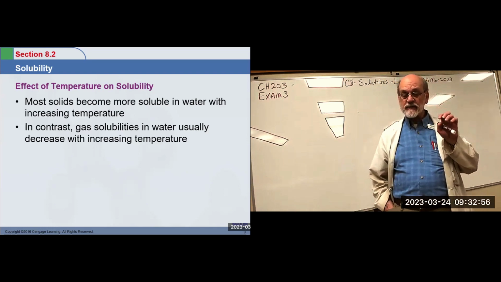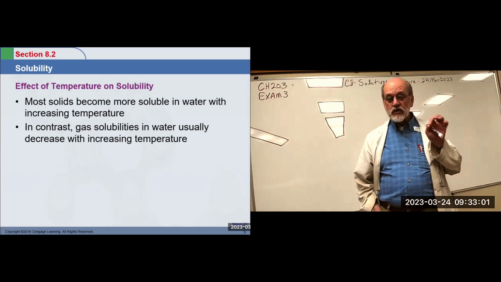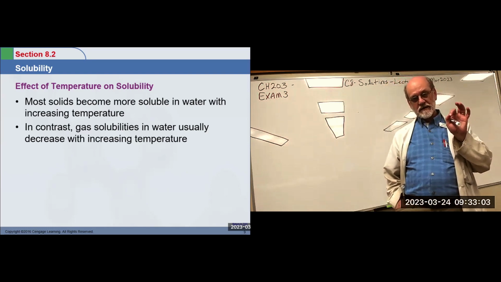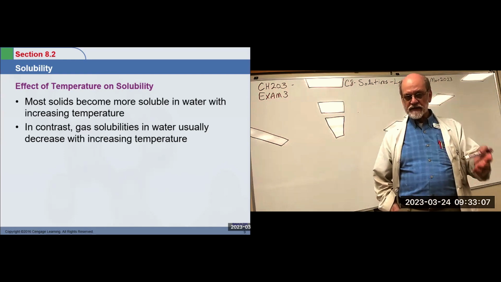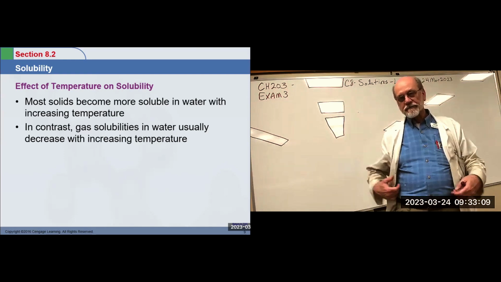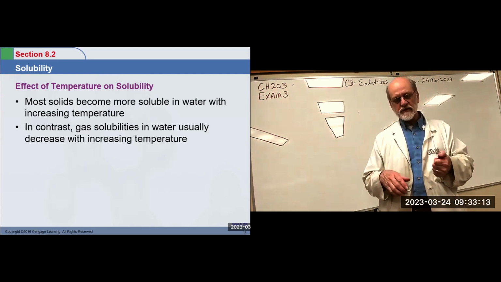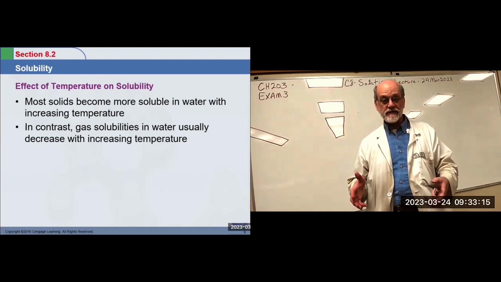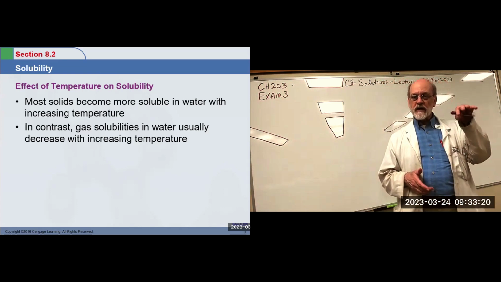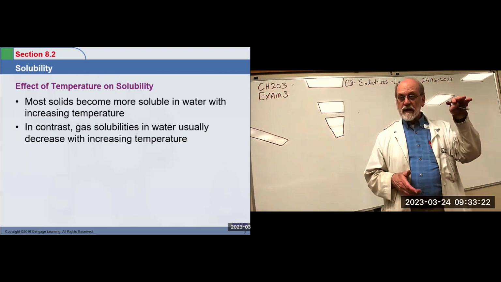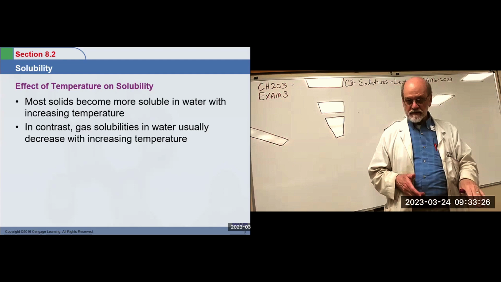Usually for solids, they become more soluble as the temperature increases. And this is in particular aqueous solutions, which is our primary focus in this class. However, as you increase the temperature of the solvent, the solubility of a gas decreases.